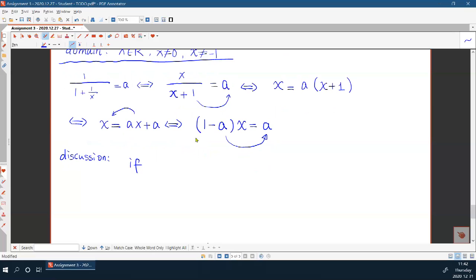If 1 minus a is 0, that means a is 1. If a is 1, the left-hand side is always 0 and the right-hand side is always 1. No matter what x is, there is no solution, right? So first of all, if a is 1, there is no solution.